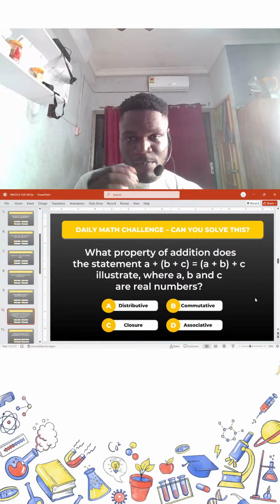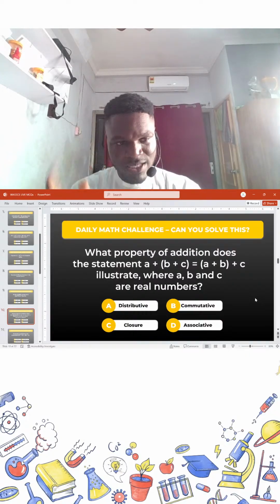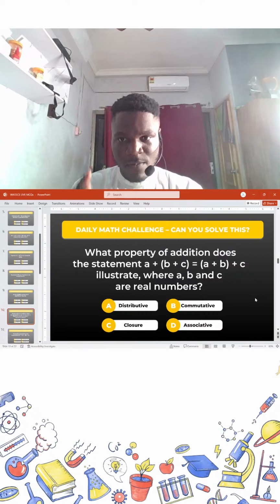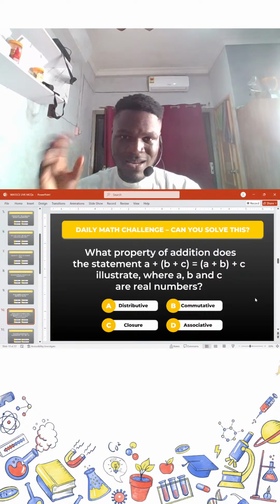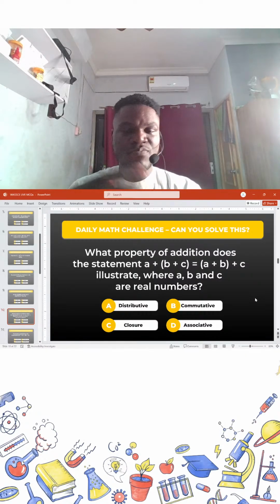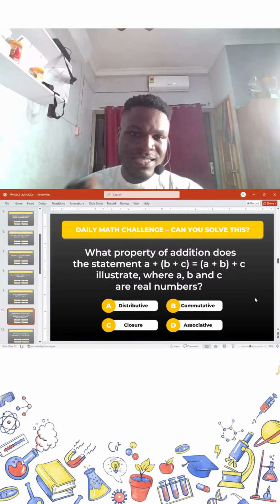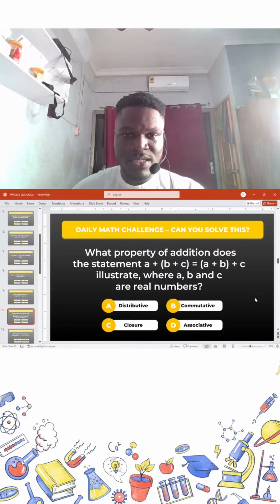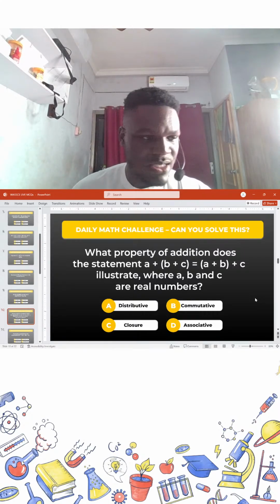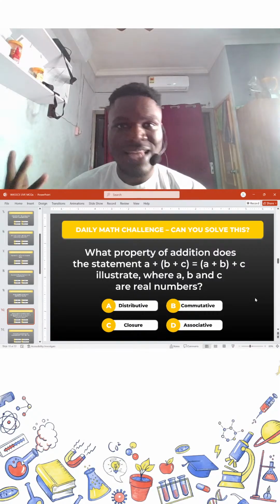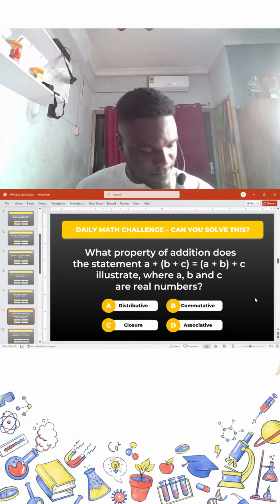So this particular expression, which property of addition does it illustrate? Is it A, distributive property? Is it B, commutative property? Is it C, closure property? Or is it D, associative property? Which property does it illustrate?